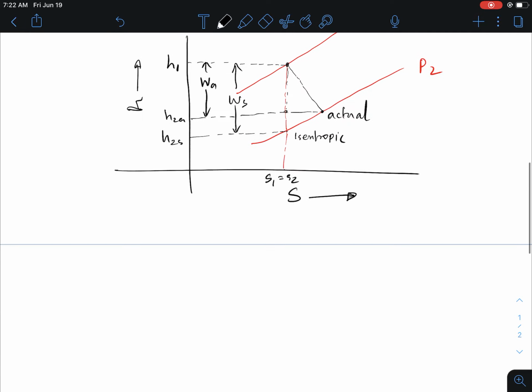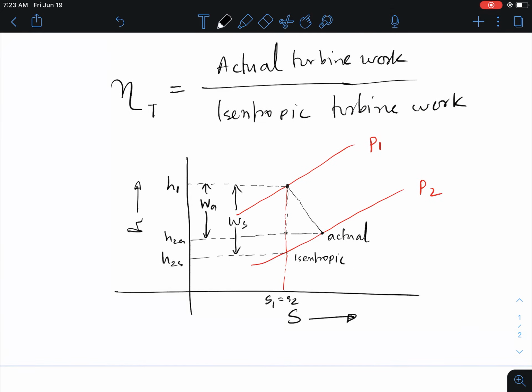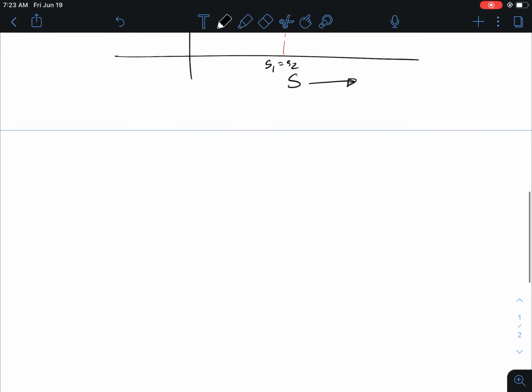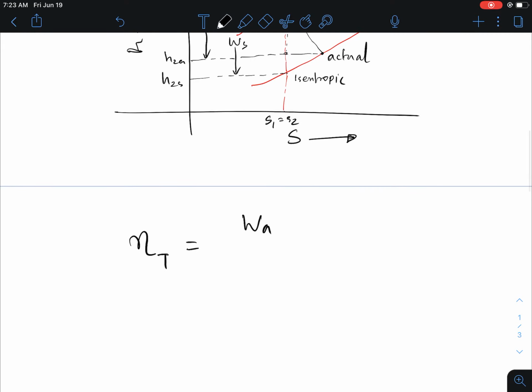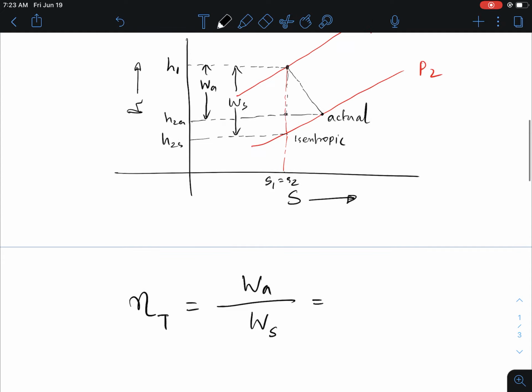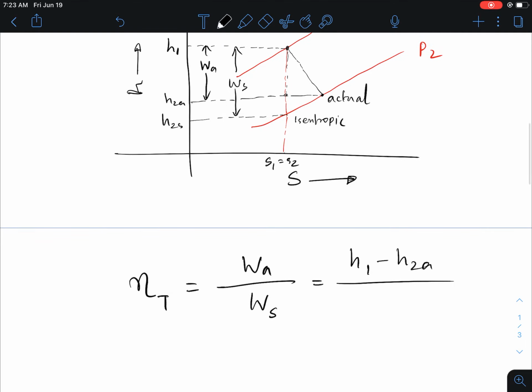Now if we plug in the isentropic turbine efficiency, it becomes the isentropic efficiency of the turbine equals the actual work, Wa, divided by the isentropic work, Ws. The actual work you can see from here, Wa equals H1 minus H2a, whereas the isentropic work equals H1 minus H2s.